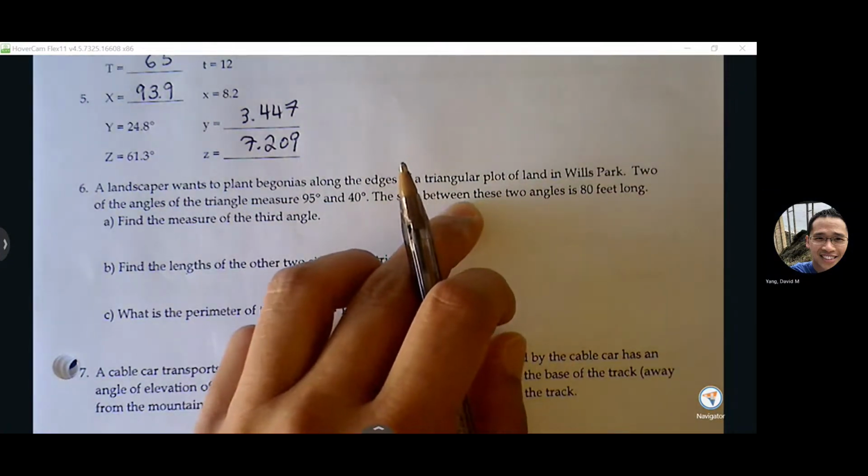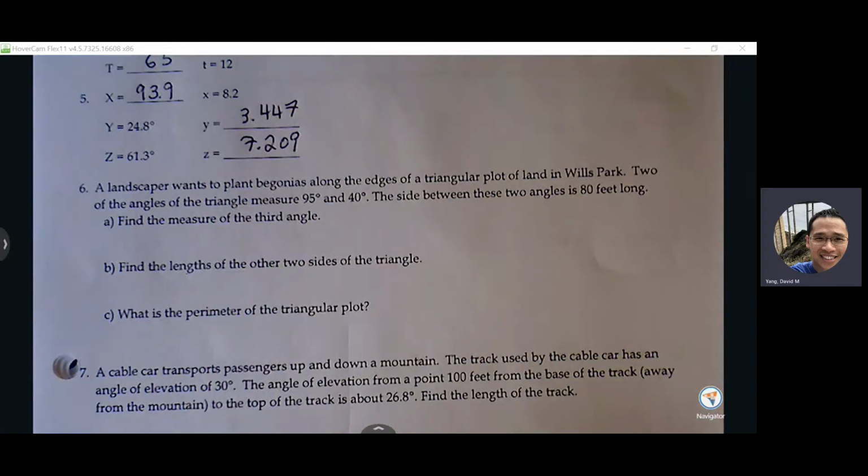The angles measure 95 degrees and 40 degrees, and the side between these two angles is 80 feet long.